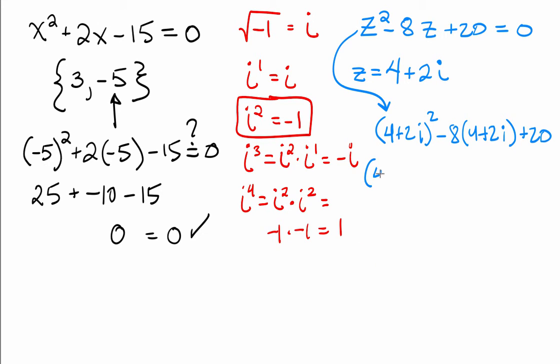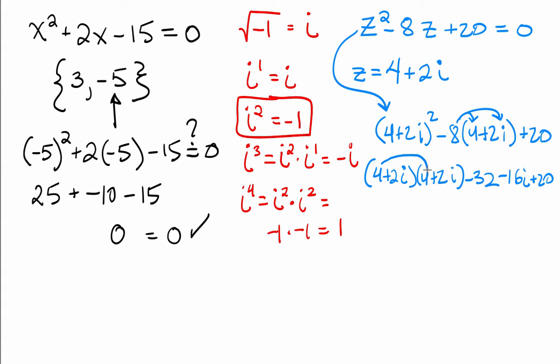So first, it might be a good idea to write out twice 4 plus 2i, and on the second term distribute the 8: minus 32 minus 16i plus 20.